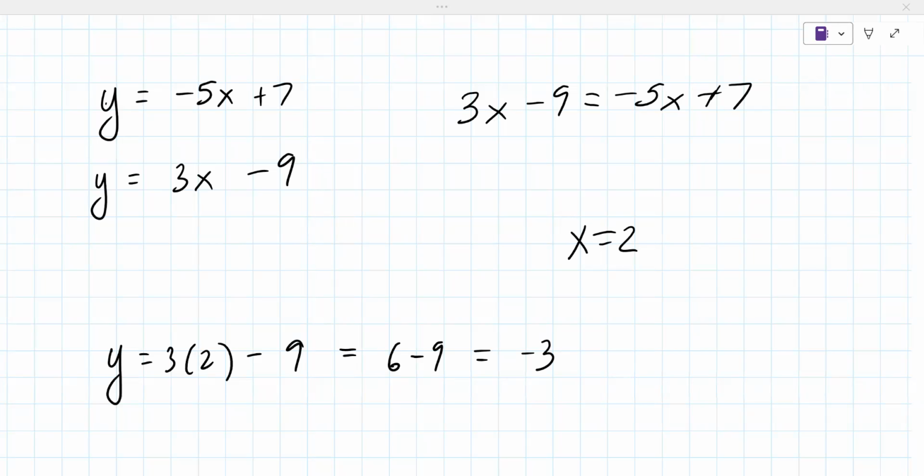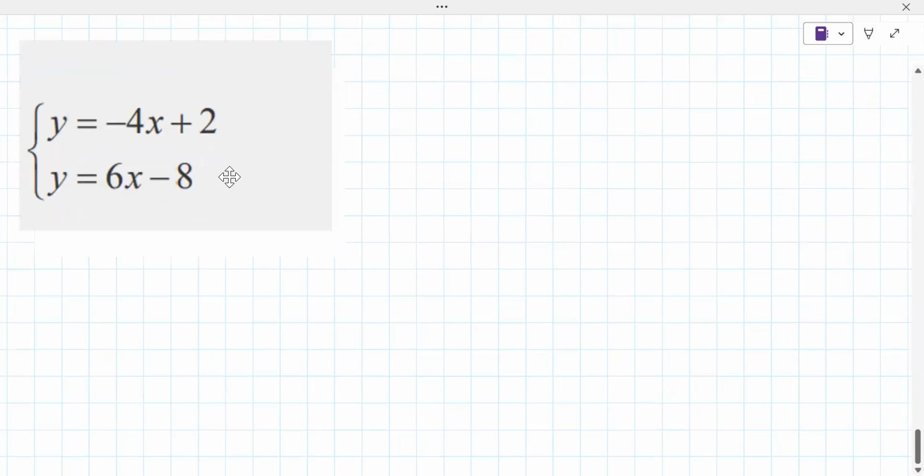All right, so here are a couple more for you to try, like one more here. Go ahead and see if you can solve this for x, please.